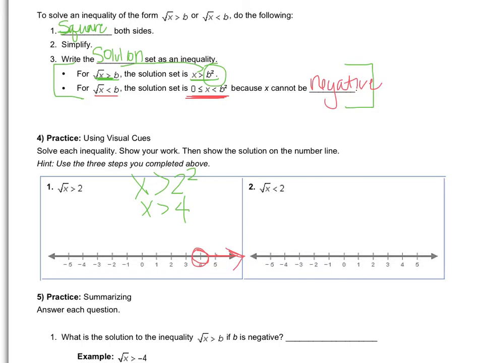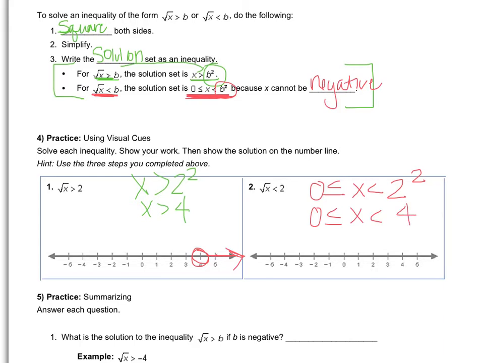For the second one, it says the square root of x is less than 2. Well, that, thankfully, looks just like our second problem we had here. And it told us our answer should look like this. 0 is less than or equal to x, which is less than, and it says it should be b squared. Well, that would be 2 squared in this case. And 2 squared is really 4.